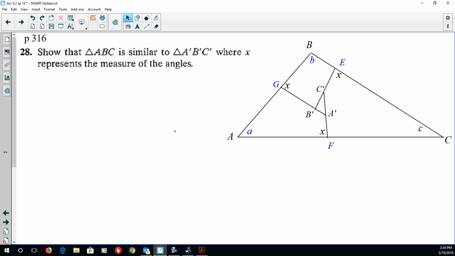Let's take a look here at, there's a quadrilateral E, C prime, E to C prime to F to C. Actually, before I do that, back up a little bit.